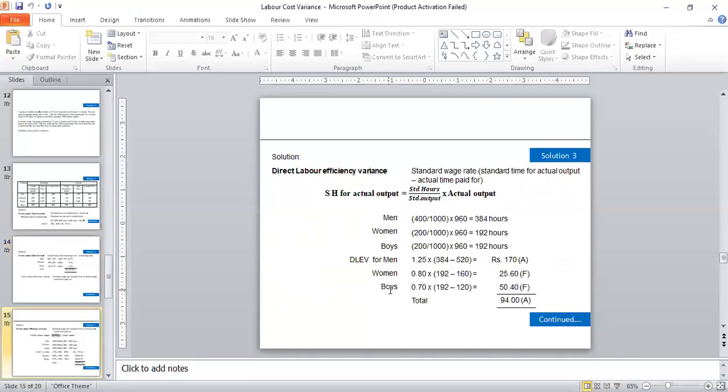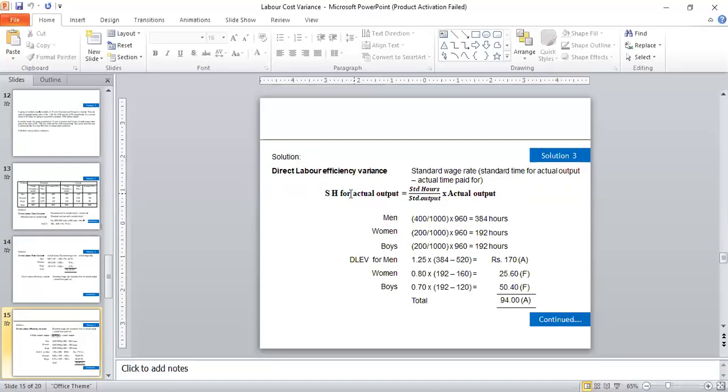Now we are discussing the direct labor efficiency variance. Direct labor efficiency variance is equal to standard wage rate multiplied by standard time for actual output minus actual time paid for. Standard hours for actual output is equal to standard hours divided by standard output into actual output.